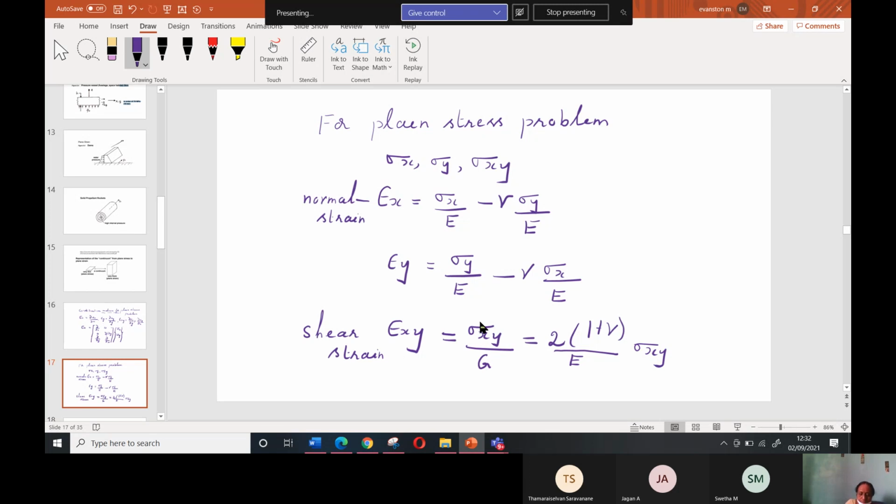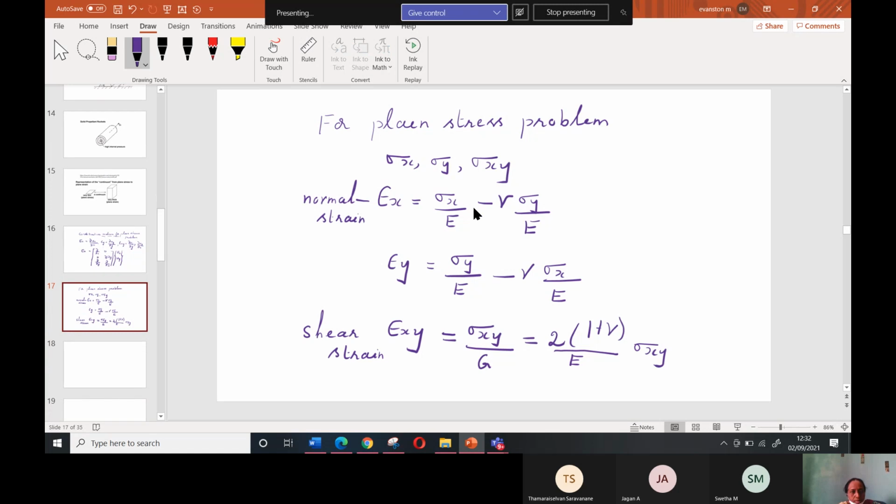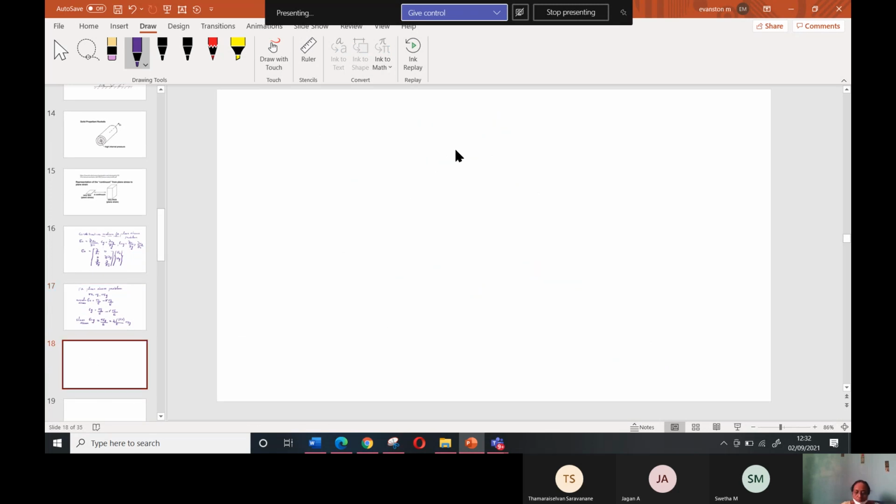Now what you have to do is take that sigma x, and we are going to find out the sigma x and sigma y values from this.